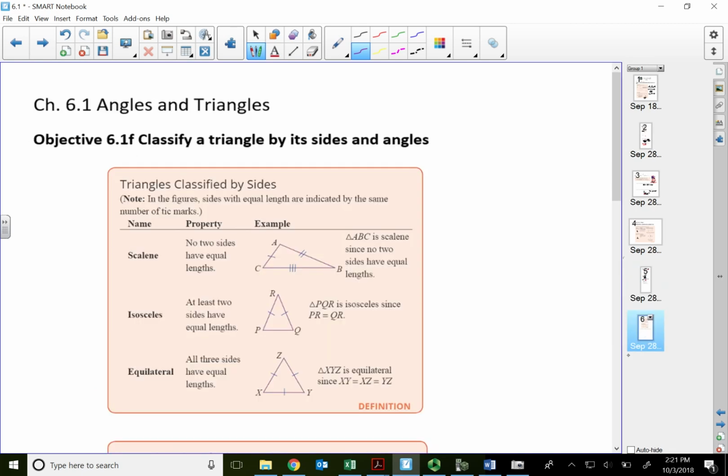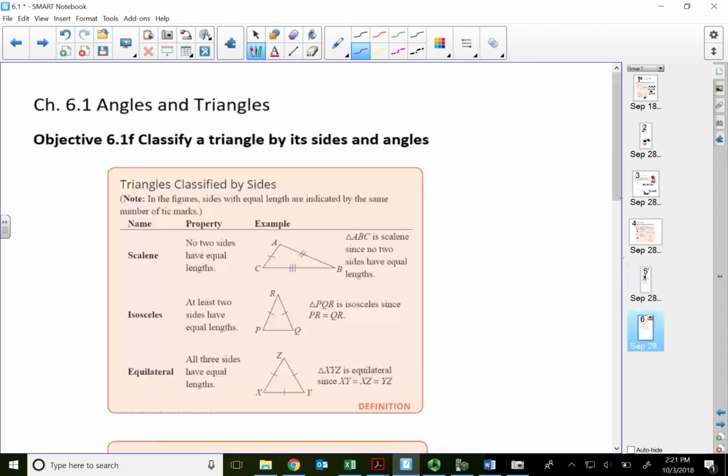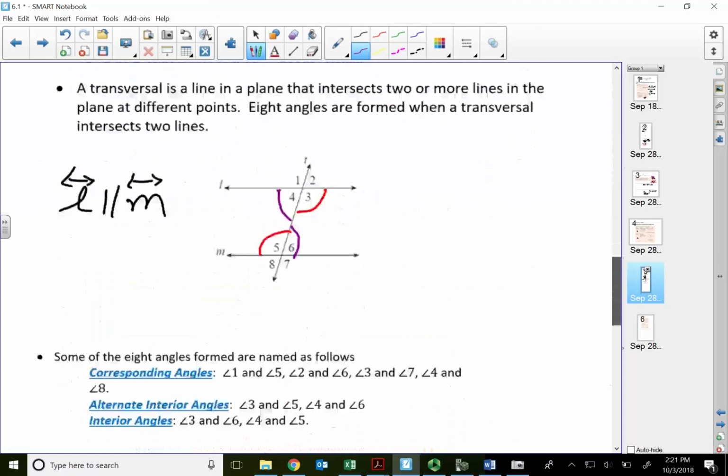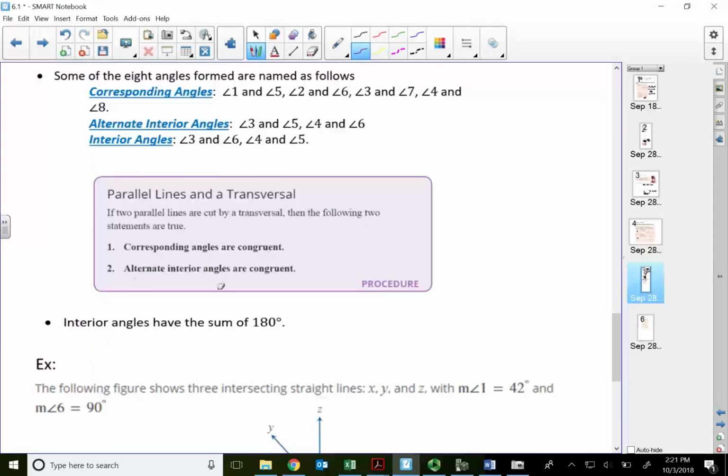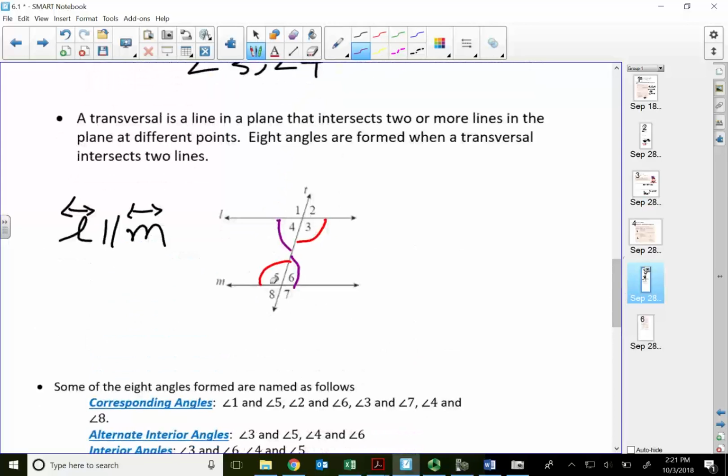What we so-called the alternate interior angles will always be congruent. So 3 and 5 are the same. Angle 4 and 6 are the same. Alternate interior angles are in between the two parallel lines and on alternating sides, so they sit diagonally from each other in between the two parallel lines.